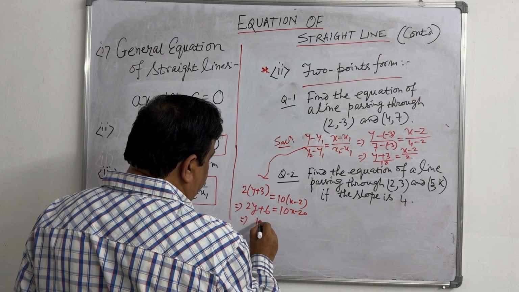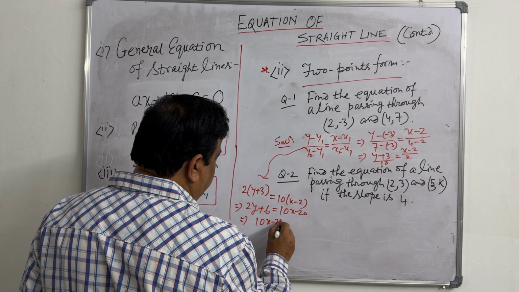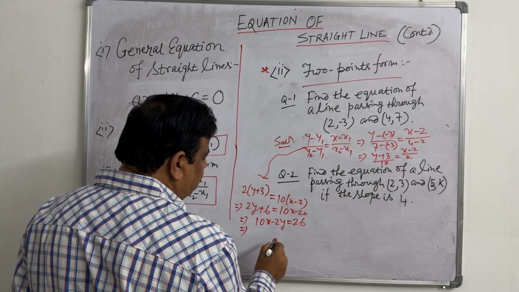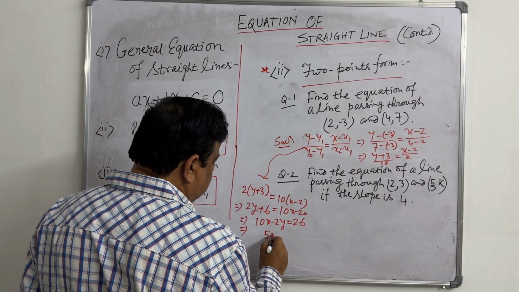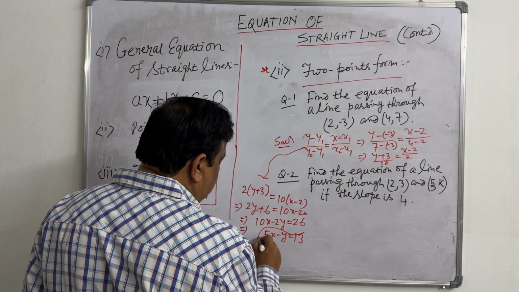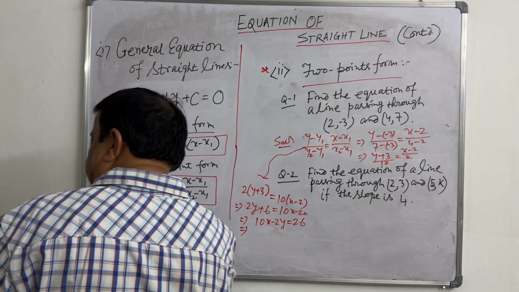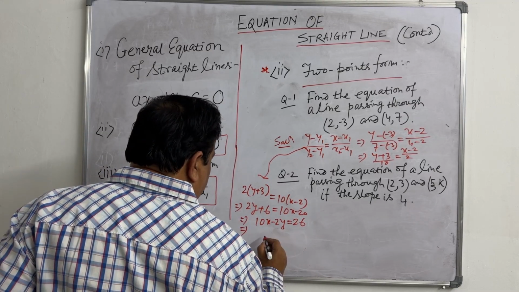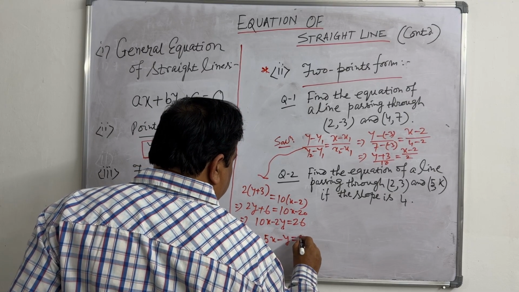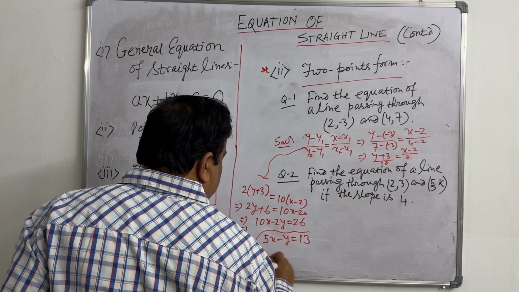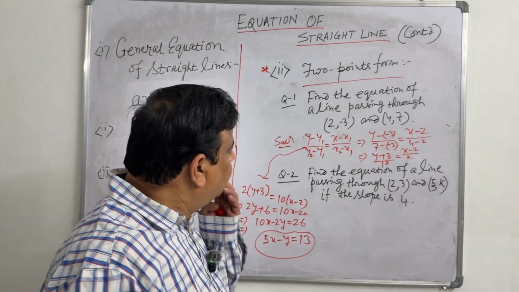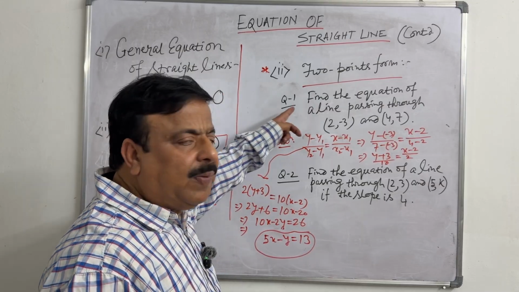So 10x minus 2y is equal to 26. If you divide both sides of this equation by 2, you will get 5x minus y is equal to 13. So this is the equation of the straight line. So the solution of problem number 1 is clear.